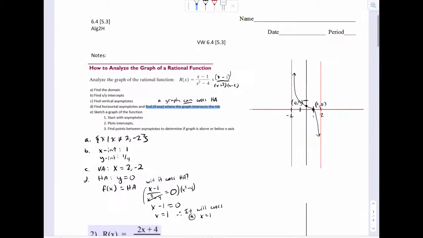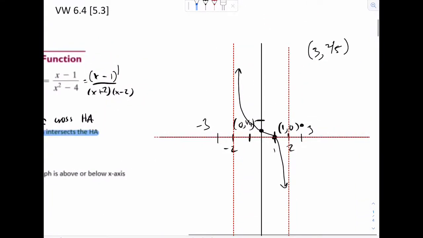Now to get the rest of it, all we're going to do is plug in some points. So this is 3, negative 3. Plug in 3 to this thing right here. We get (3, 2/5). So let's say that's like over here. And what's really cool about plotting that point is that we know what has to happen.